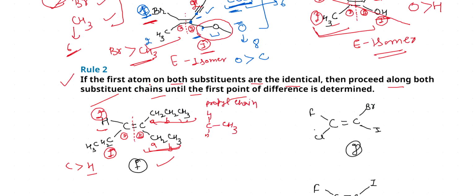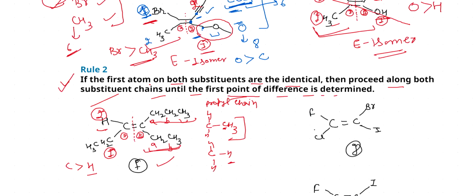In this, the carbon B is attached to three hydrogens. Here, this has more weightage because this carbon is further linked to a carbon atom, as carbon has more atomic weight than hydrogen. So here I just want to tell you we have to proceed until the first point of difference is determined.